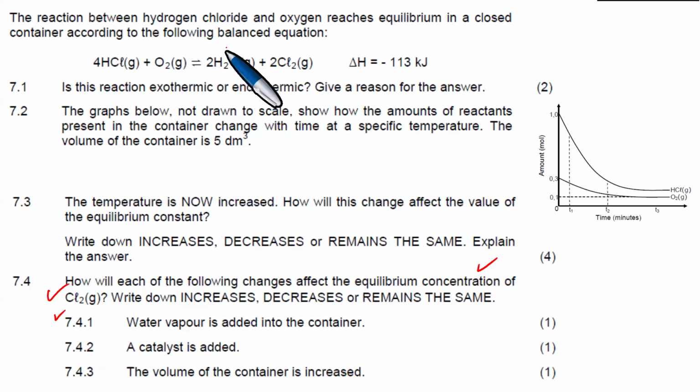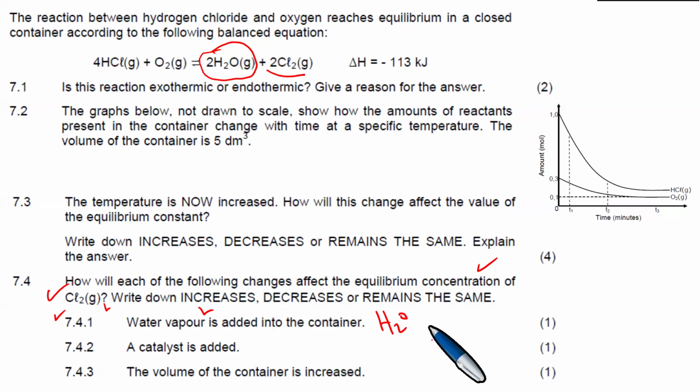So if they add water as a gas, which is water vapor, and increase the H2O amount, how will this affect the Cl2 concentration?